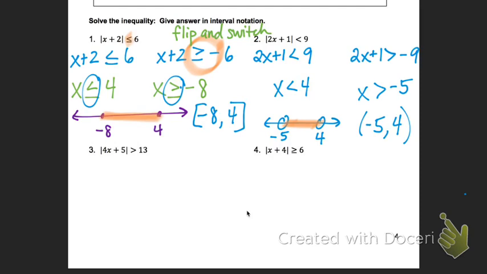Okay, looking at number 3 and 4, they're both greater than. So that means I'm going to have 2 sets of parentheses or brackets, and there's going to be a union in between. So what 2 equations do I set up? We've got 4x plus 5 is greater than 13. 4x plus 5 is less than negative 13. Go ahead and solve those.